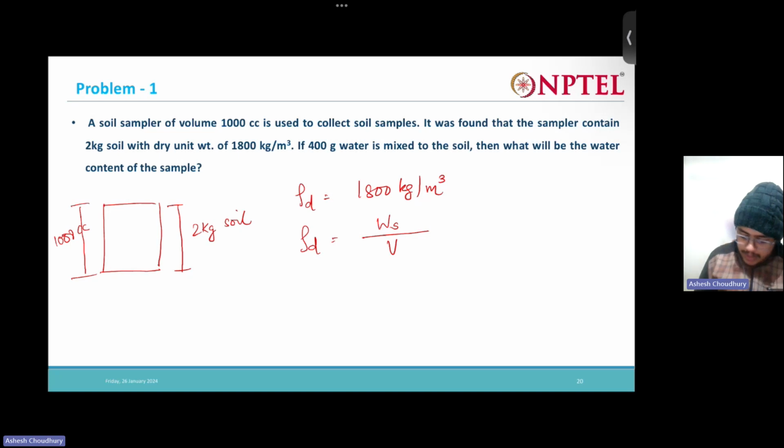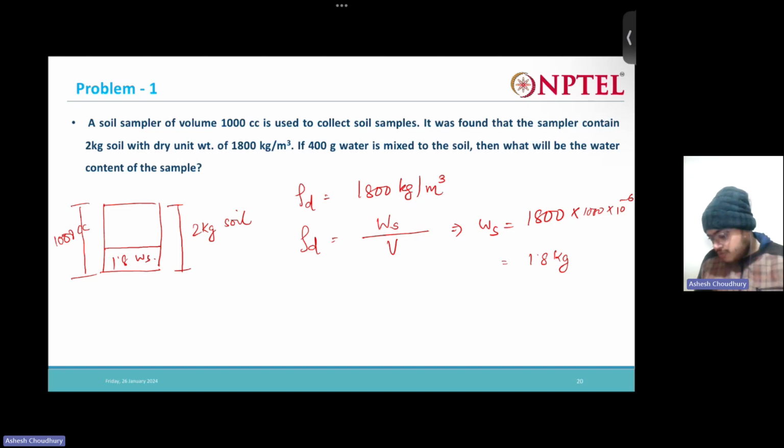Now from here, we can get the weight of soil solids: 1800 into 1000 cc. 1000 cc is how much in meter cube? 10 to the power minus 3. So it is nothing but 1.8 kg. So in this 2 kg soil, 1.8 kg is the weight of solids.